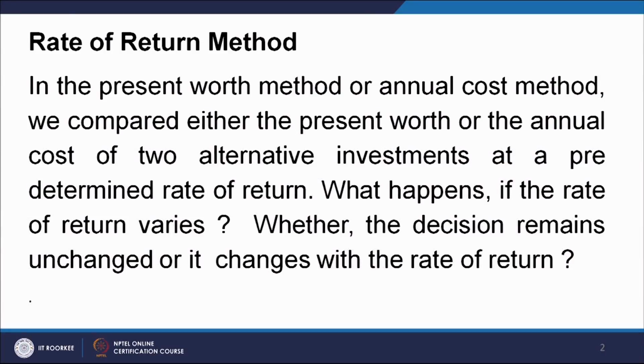In the present worth method or annual cost method, we compared either the present worth or the annual cost of two alternative investments at a predetermined rate of return. What happens if the rate of return varies? Whether the decision remains unchanged or it changes with the rate of return.